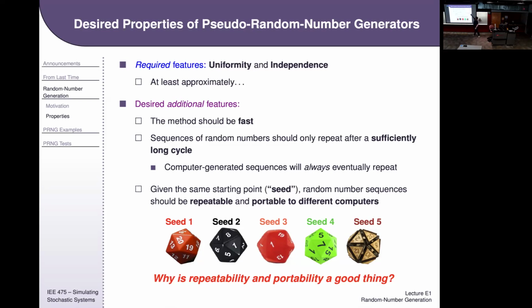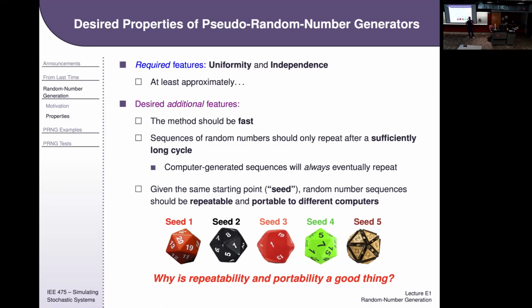So I want it to have a long cycle, but I want all of those cycles to be able to be indexed by this thing called a seed, so that every time I want an independent replication, I use a different seed. But if I want to rerun that replication, I use the same seed over and over again. And that's why you'll notice in Arena, if you run a model, close Arena, then reopen Arena and run the model, you'll get the exact same numbers out, even though it has variation, but it'll be the exact same variation.